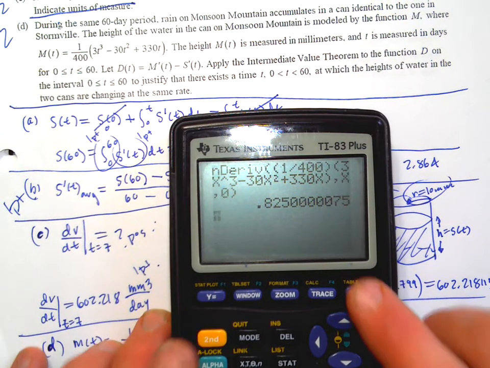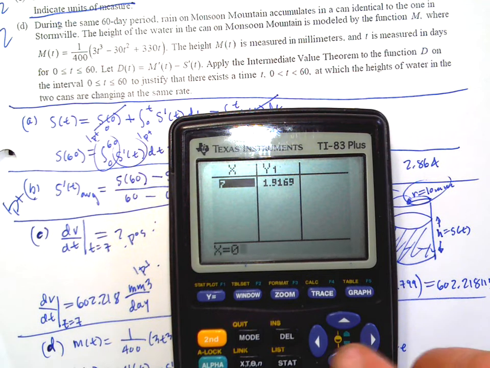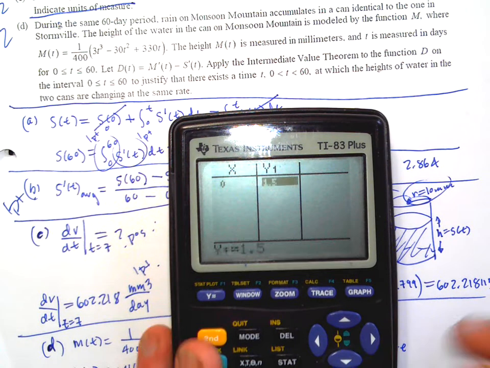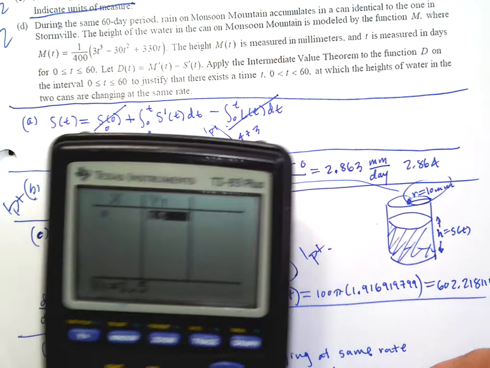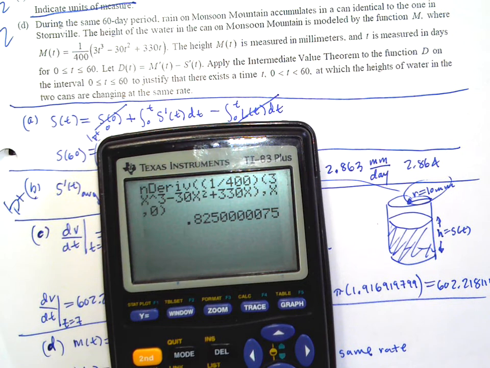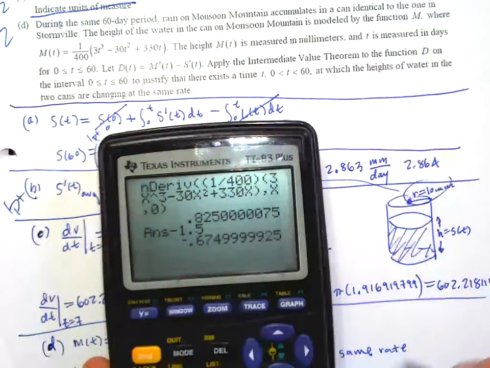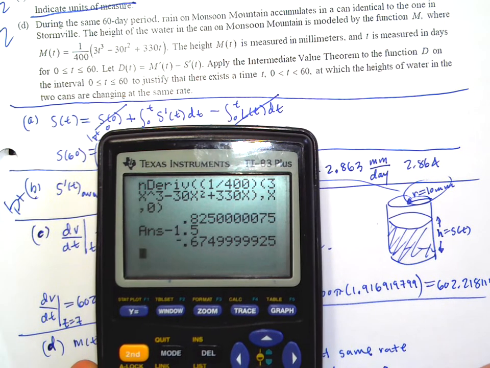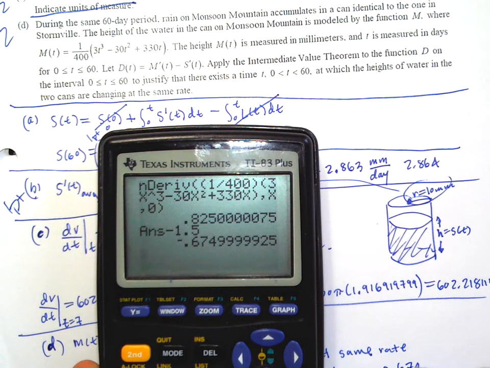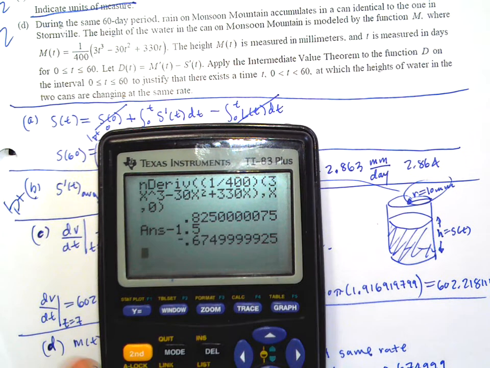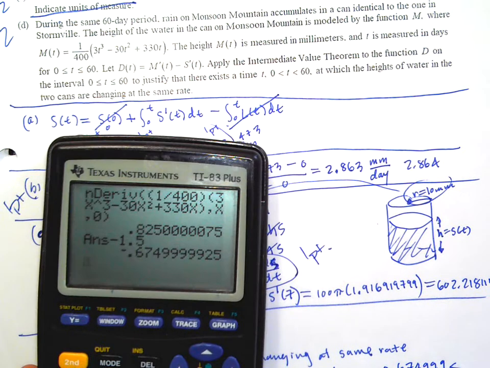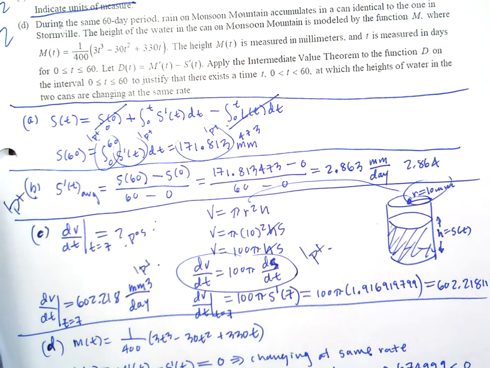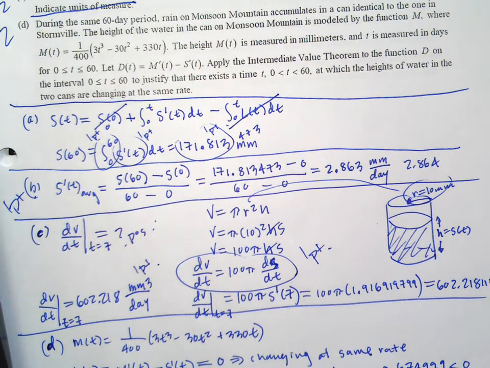We could go to the table and put that in, and it's 1.5. So then we could go back to this screen and subtract 1.5 from this, and we get negative 6.74999, which is negative, which means that the can in S is changing more than the one in M. And then we could do it at 60.